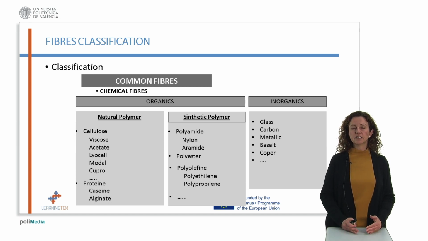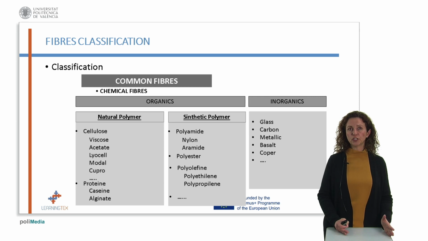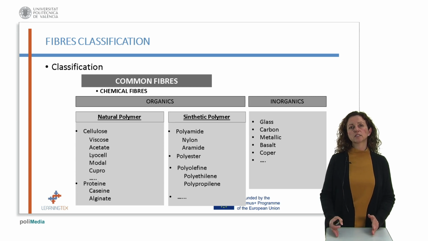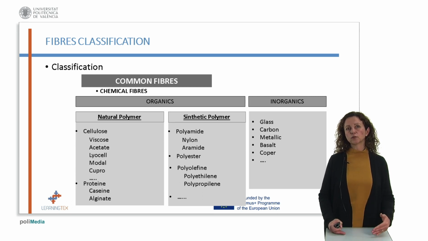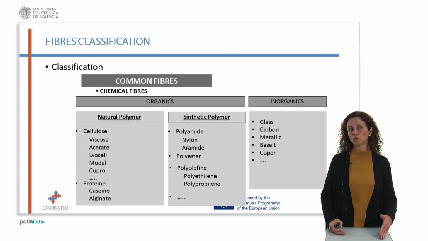The difference is that the polymer comes from nature or the polymer is synthetically obtained, okay? In this case, when we've got natural polymers, they could be cellulose or protein, and inside cellulose, examples would be viscose, acetate, lyocell. From proteins, we've got casein and alginates. Okay, we've got many others, of course.